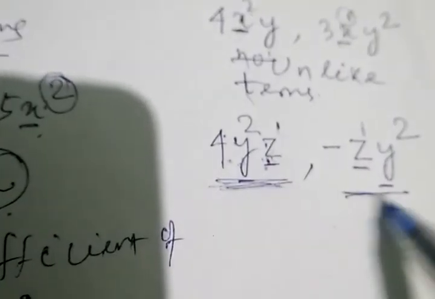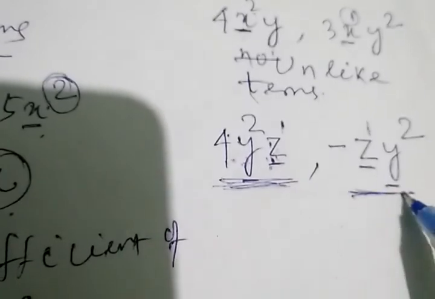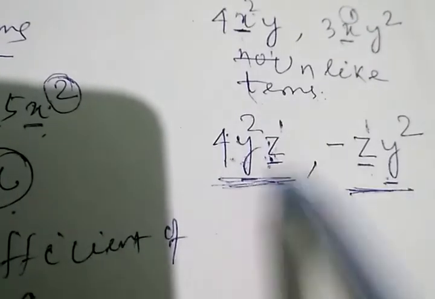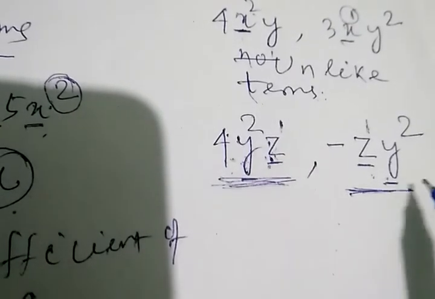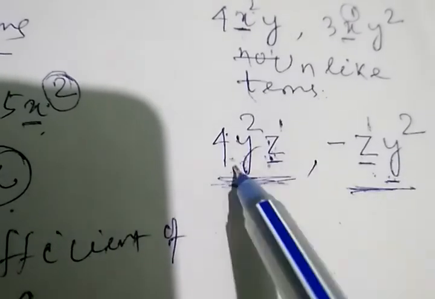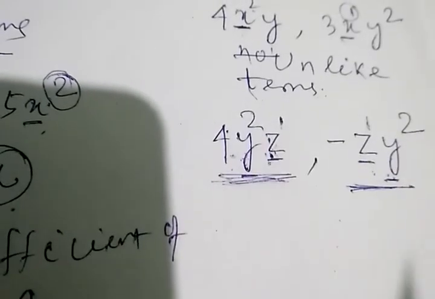So when you are going to verify or identify whether these two are like terms or not, first of all you have to check the variable, same variable with the same exponent. Clear?